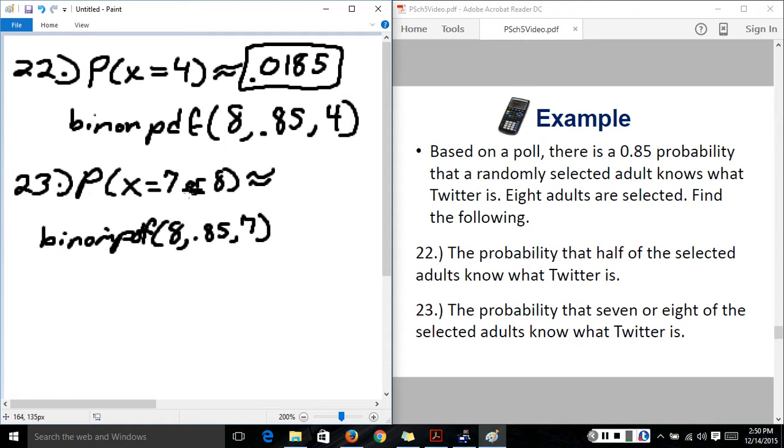Or, in probability, tells me to add. So I can add that to binom PDF, this time with 8 trials, 0.85, and 8 successes. So the first part gives me 7 successes. I add that to 8 successes and I get my total probability.